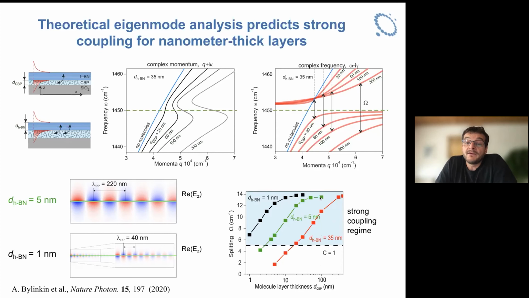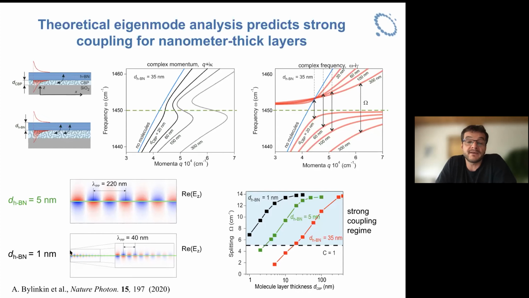However, if we reduce the thickness of the hBN, as you can see here, reduction of the thickness of the hBN reduces the wavelengths of the phonon polaritons and the extent of the field to both sides of the slab. That way we can shrink the mode volume to extreme dimensions.